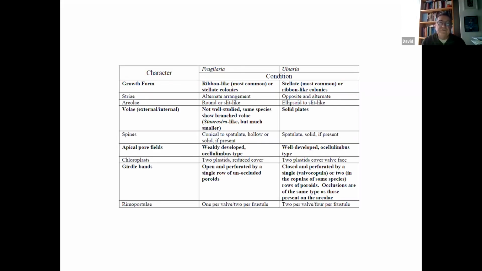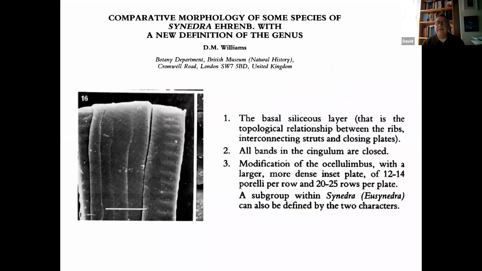I forget where I've taken this from, but the comparison again falls into that trap of trying to describe one and describe the other and say, well, how do they differ? But how they differ doesn't really matter. It doesn't tell you what they are. So what is Ulnaria? Well, this is some work I did an awful long time ago. And I suggested there were 3 characters that defined Cynedra at that time, which is effectively Ulnaria.